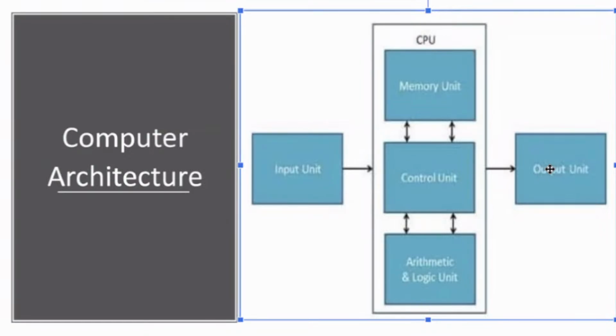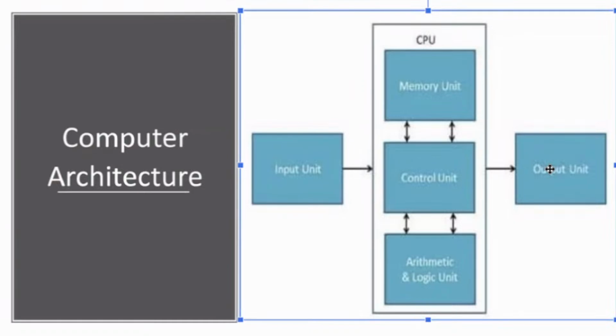The monitor shows us some UI, user interface. So if you press a button, you can see it on your monitor. If you move your mouse, you can see it on your monitor. So the monitor is an output device.